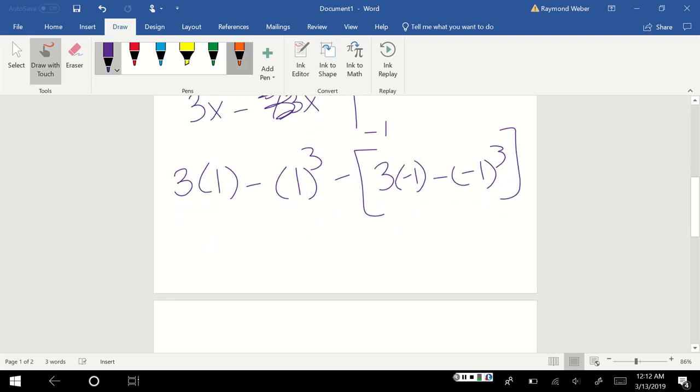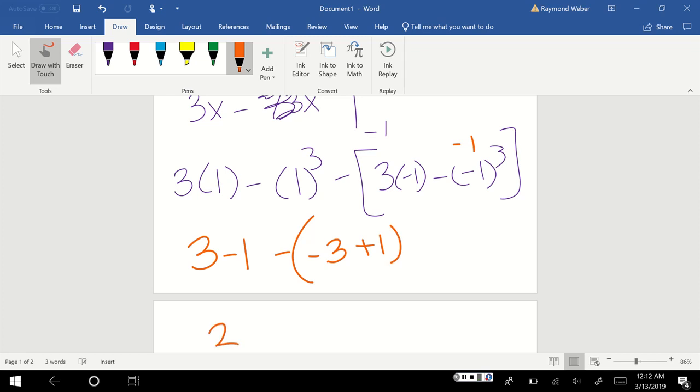So I have, let's see here, 3 minus 1 minus -3. This is going to be -1, so it's +1. So I have 2 minus a -2, which is 4. So then my answer, the area between the curves, is 4.